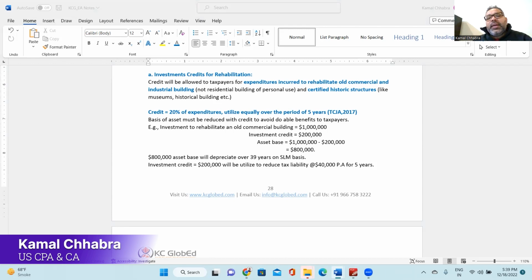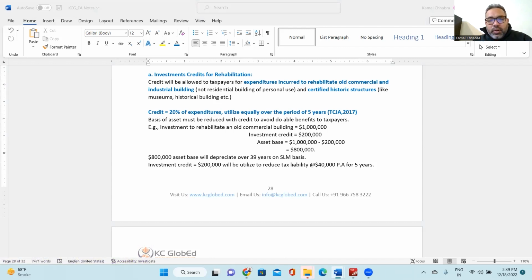So from the tax base, it will reduce whatever tax credit you are planning to avail. Now the future tax base is $800,000 instead of $1 million.